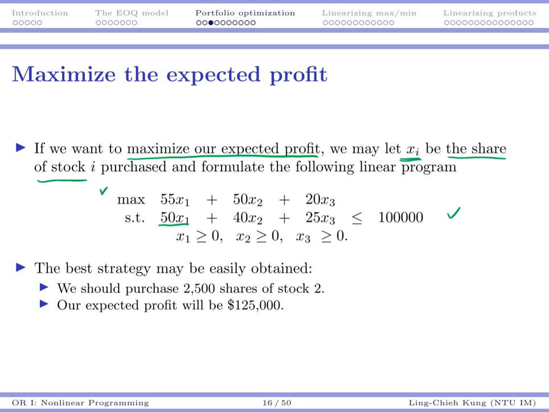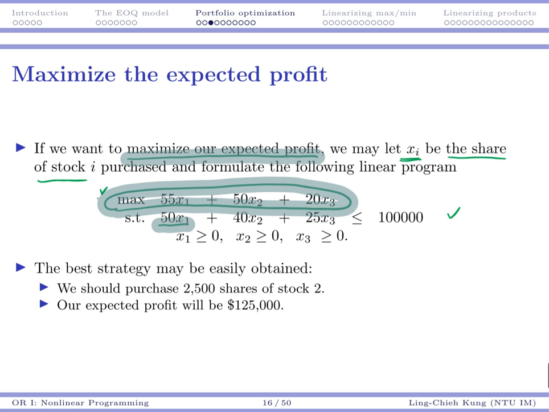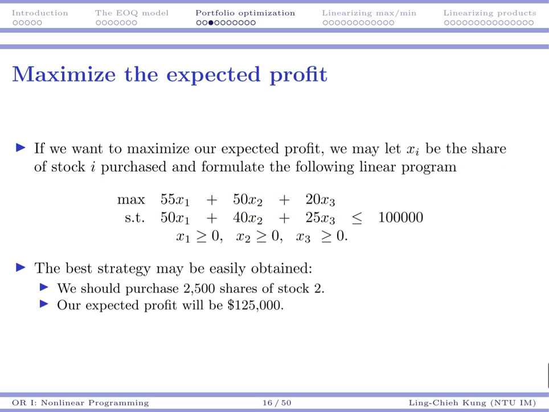Once I choose the number of shares to purchase from each stock, I know my expected profit for tomorrow would be 55 times x1 plus 50 times x2, and so on. Once we see that, very quickly we know how to solve this problem.